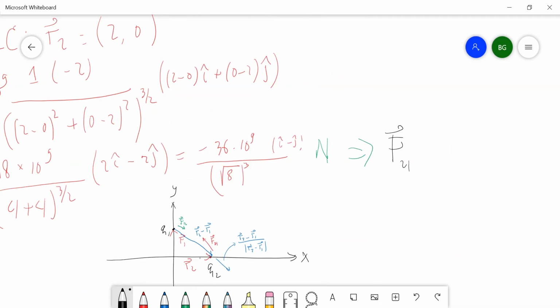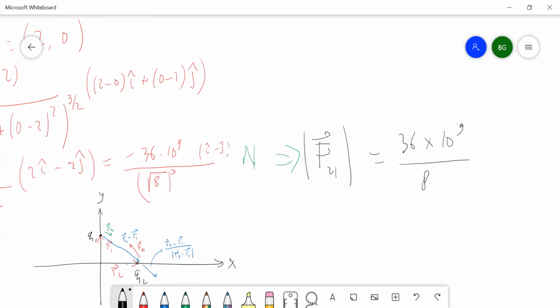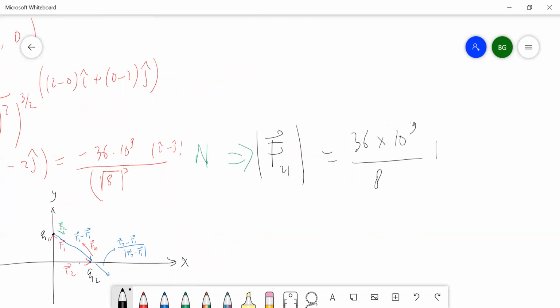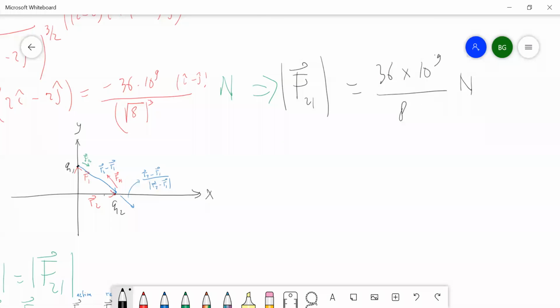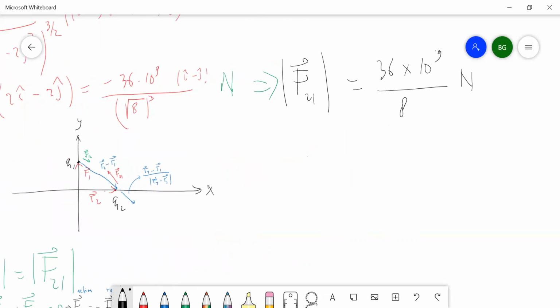The magnitude of this one is 36 over 8 Newtons. And the direction, usually the direction, you just write like this.